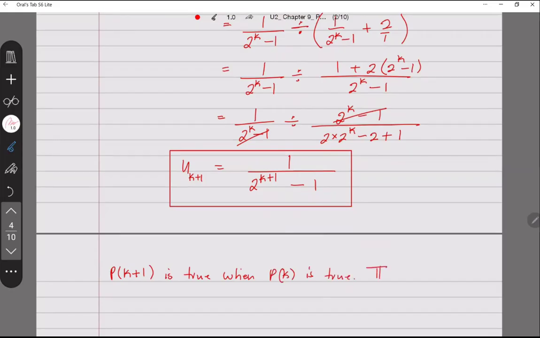Therefore, Pn, which is this statement that Un is equal to 1 over 2 to the n minus 1, is true for all n, which is an element of the set of natural numbers.